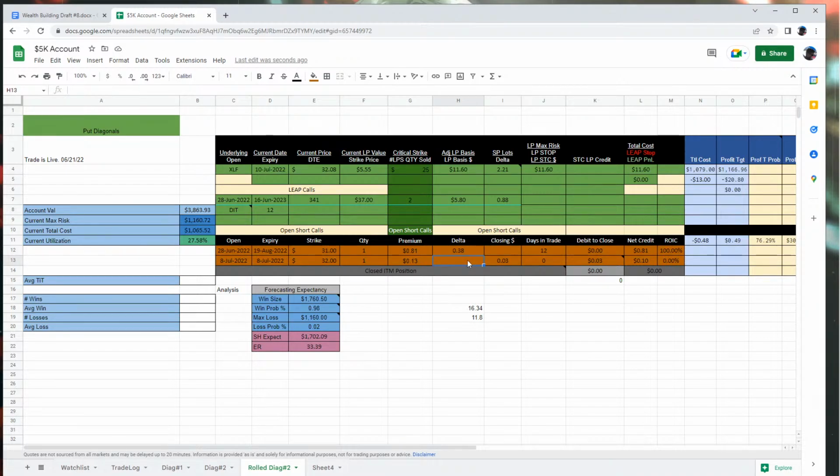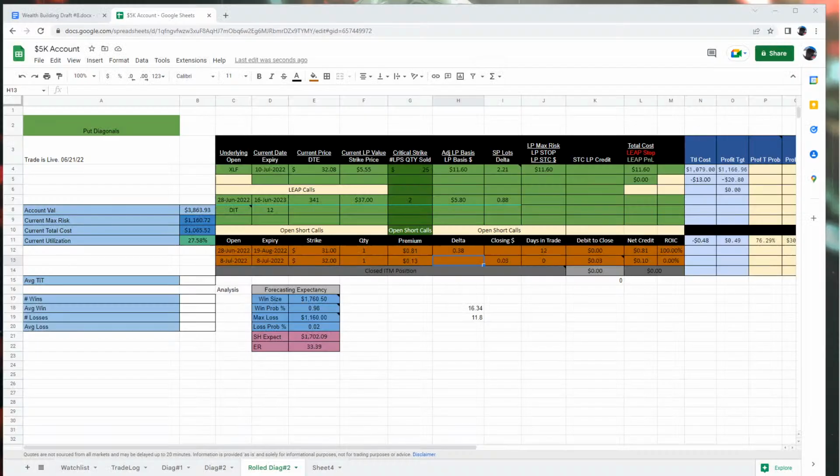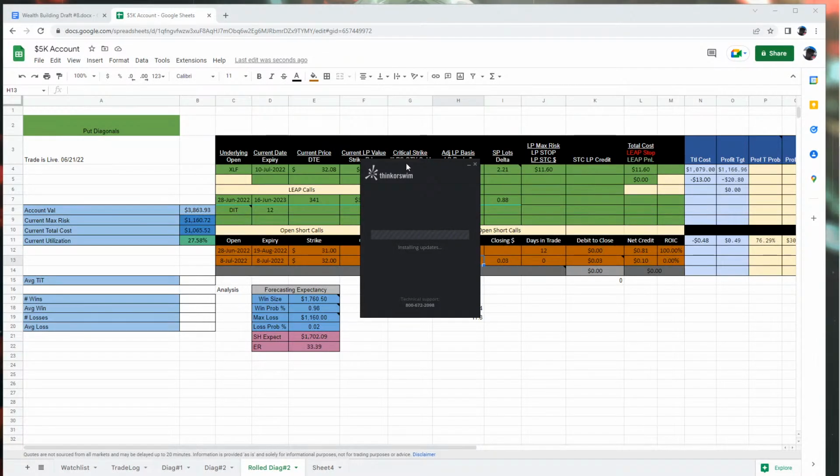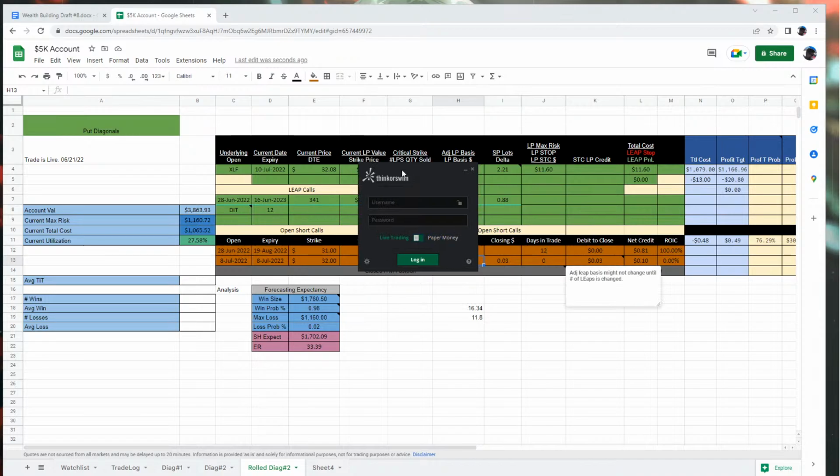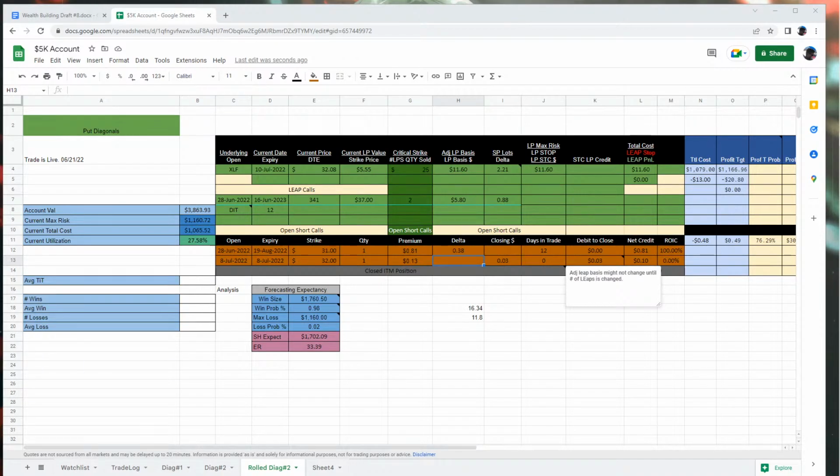So the way to figure that out, actually, might be to do on demand, but I can go back and fill that in. Just as a rough estimate, I think it was at a 0.4 delta.